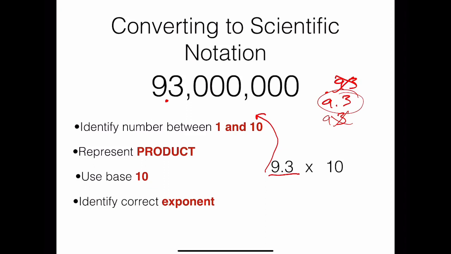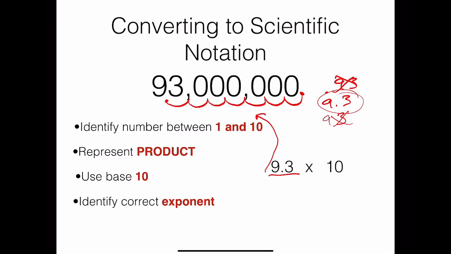How can I make one number look like another? I have to move the decimal point a certain number of times, and we can see here that the number we're trying to get to is larger than 1. So that means my exponent is going to be positive. So I'm going to move my decimal to the right. We said positive exponents move the decimal point to the right. 1, 2, 3, 4, 5, 6, 7 times.